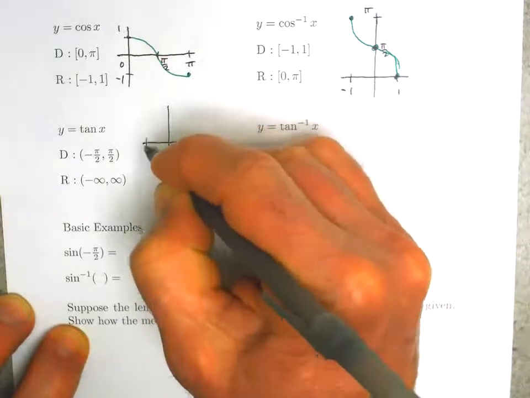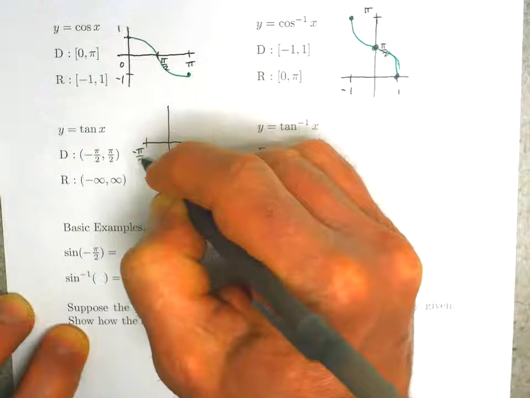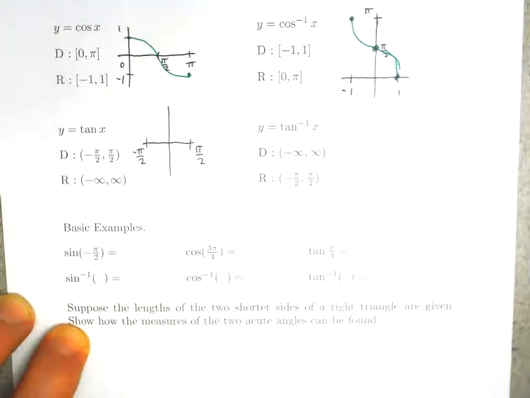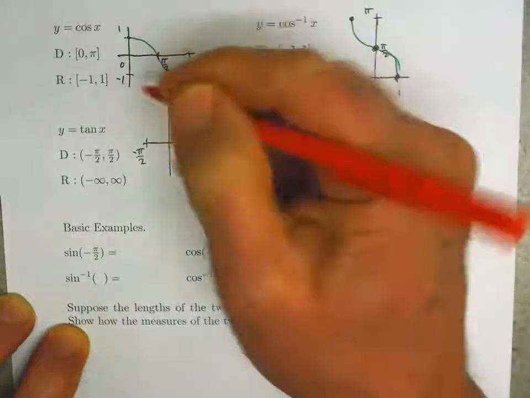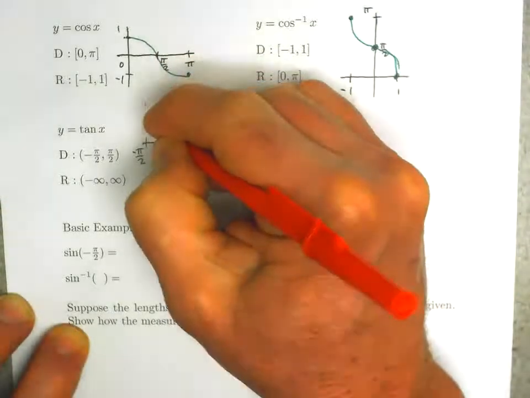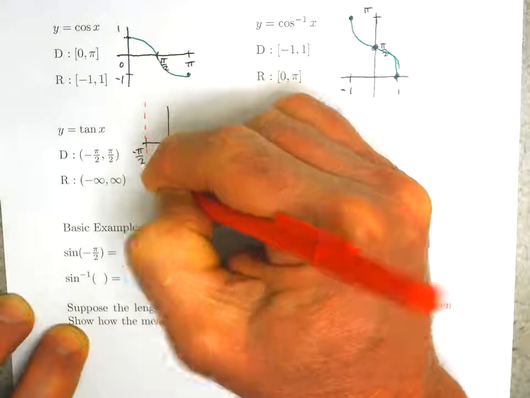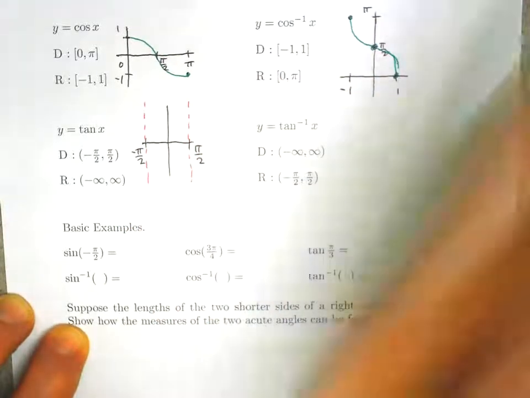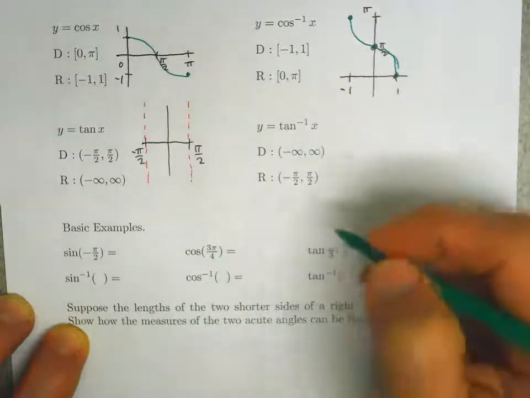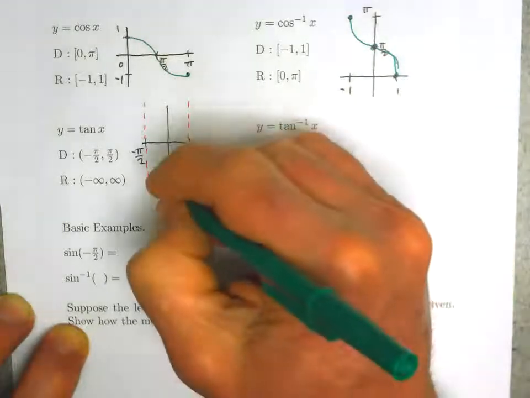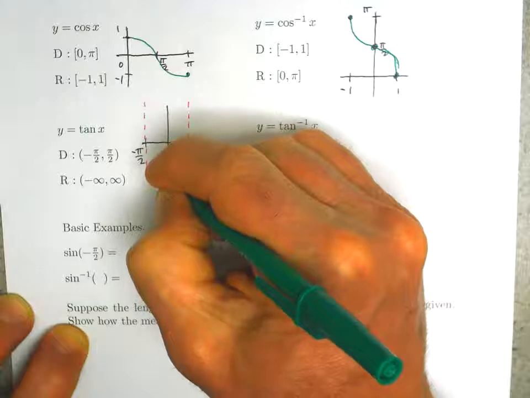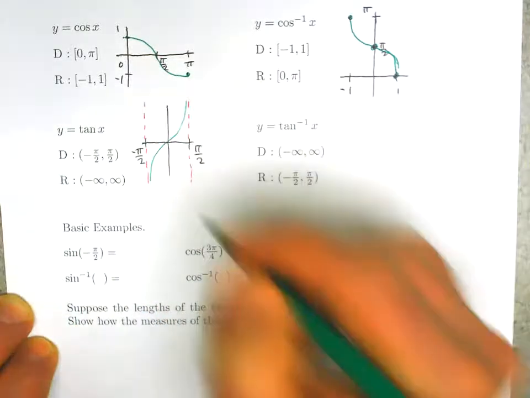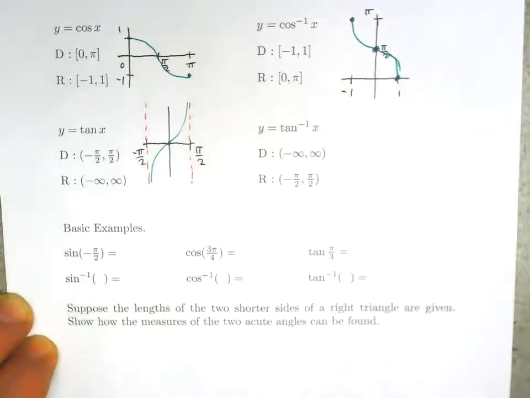So from negative pi over 2 to pi over 2, and remember the vertical asymptotes. So on this restricted domain, tangent of x is 1 to 1. So it has this shape roughly. It goes through the point 0, 0.